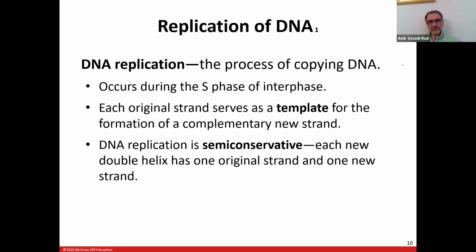Okay, that's what they call a template. Complementing new strands, DNA replication is semi-conservative. It means each new double helix has one original strand and one new one. What does that mean? If you have DNA like this, right? So this divides and becomes like this, right?